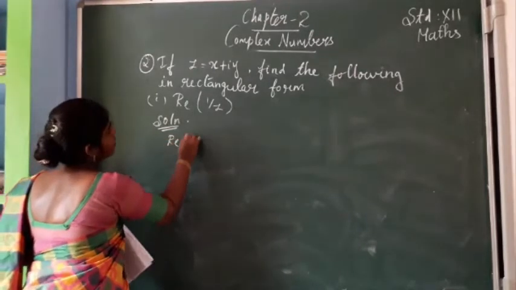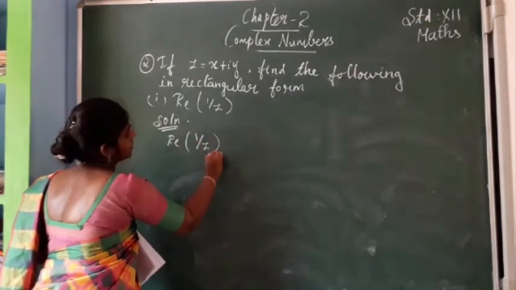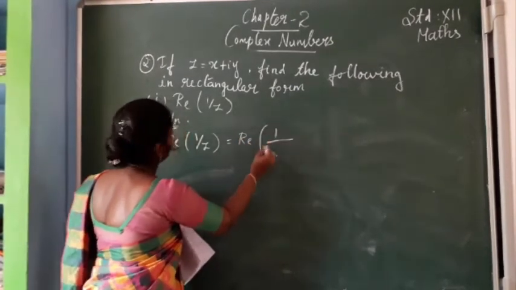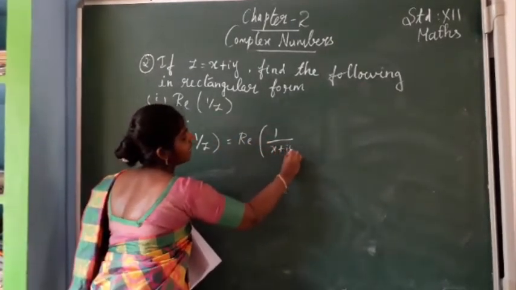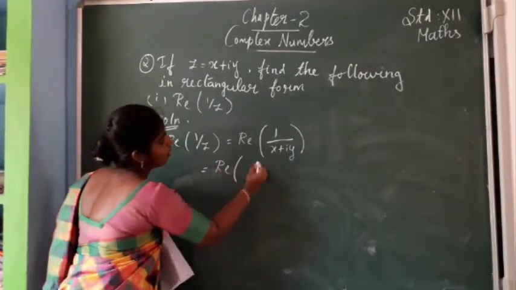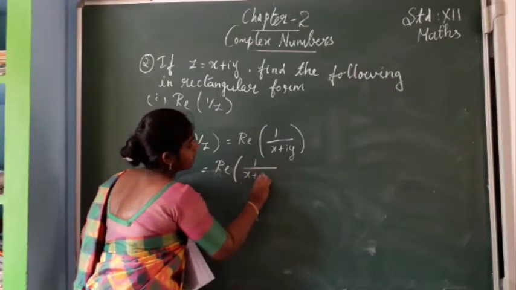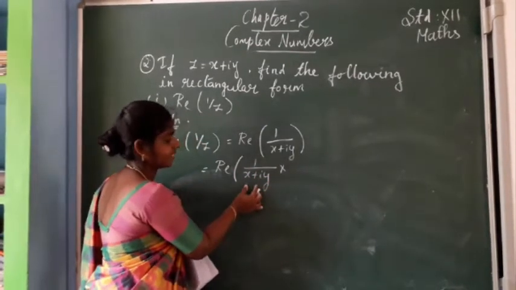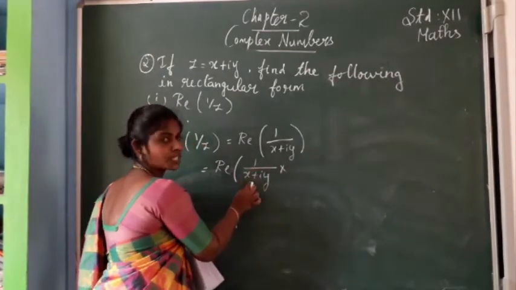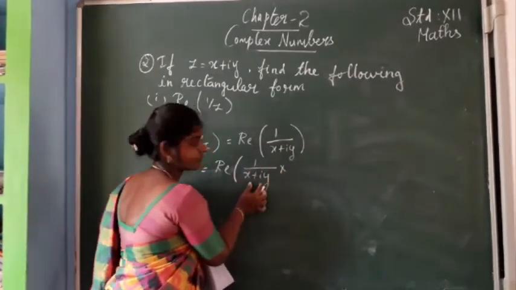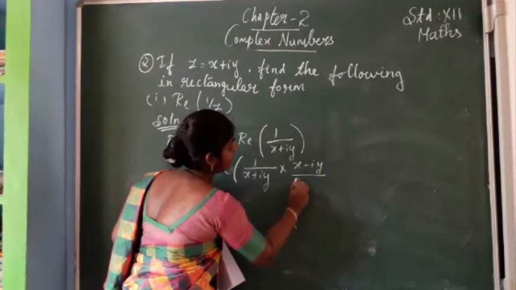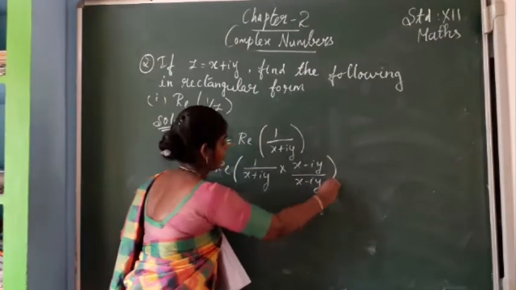So real part of 1 by z equals real part of 1 by (x plus iy), where z is x plus iy. We have to take the conjugate: 1 by (x plus iy) into (x minus iy) divided by (x minus iy).